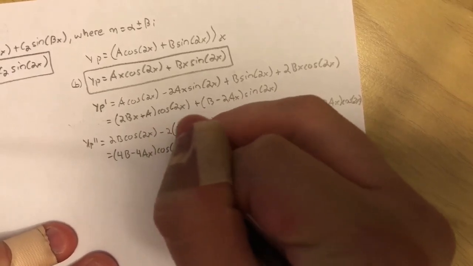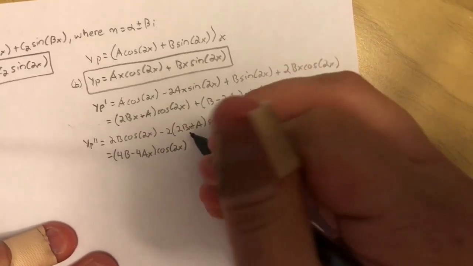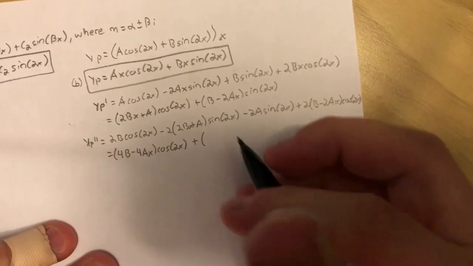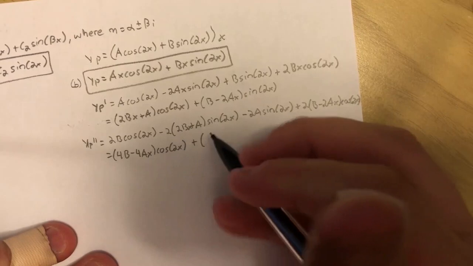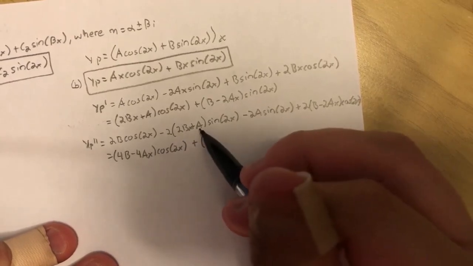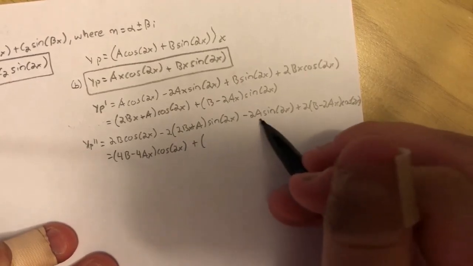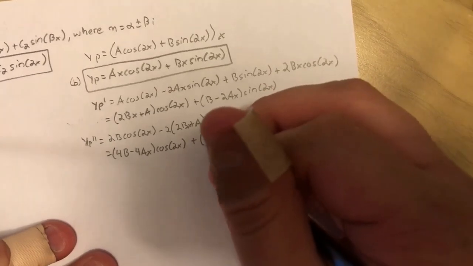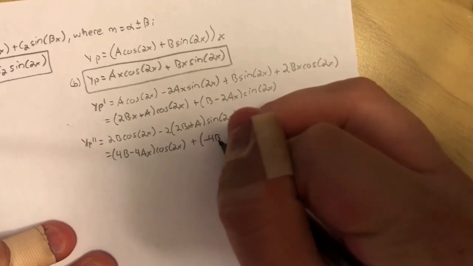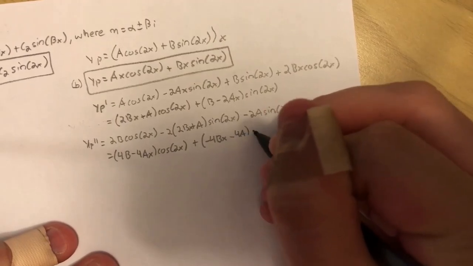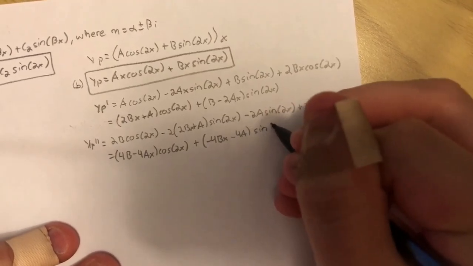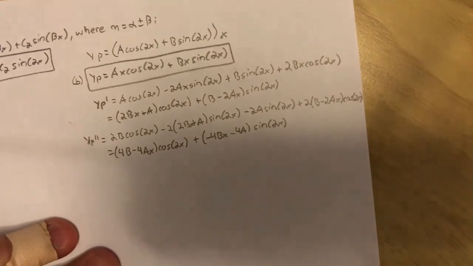This is for cos 2x. Plus, for sine of 2x, we have a minus 4bx. And we have a minus 2a, and then we have another minus 2a. So we have minus 4bx minus 4a times sine of 2x.